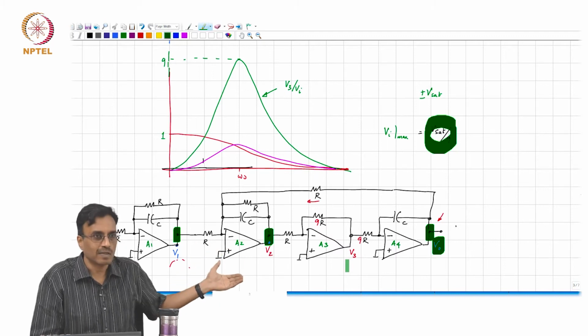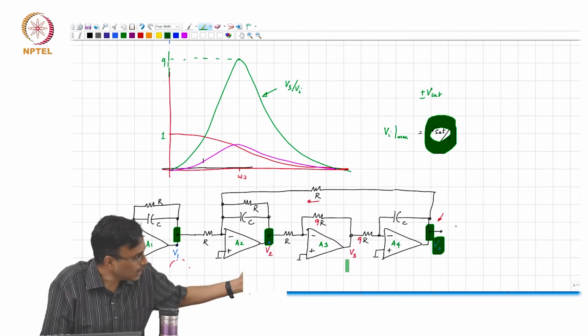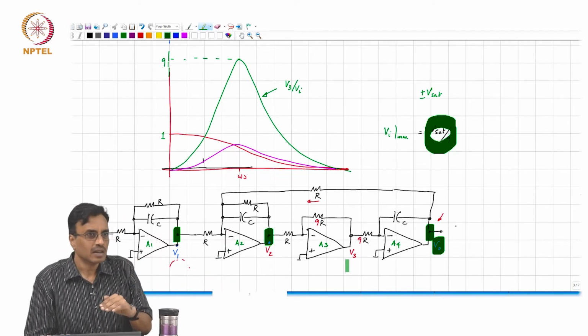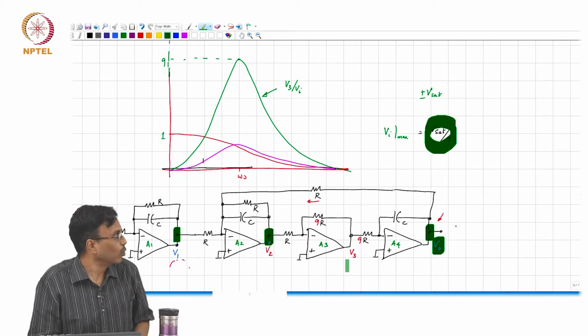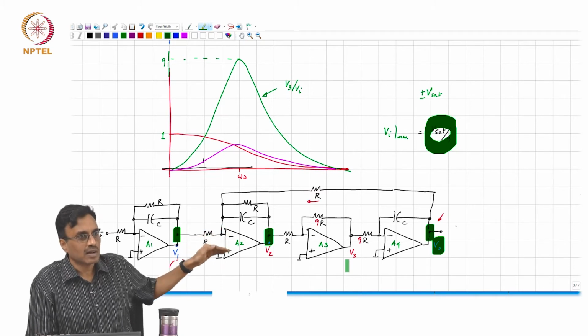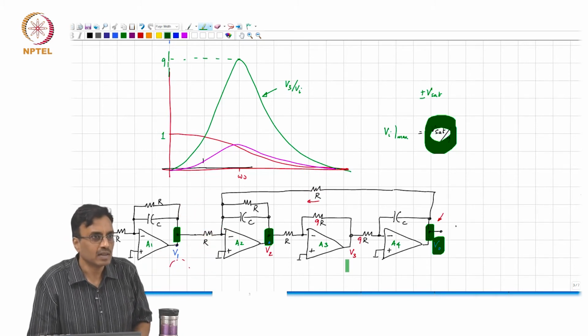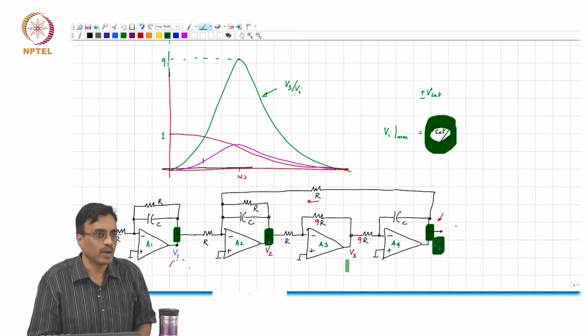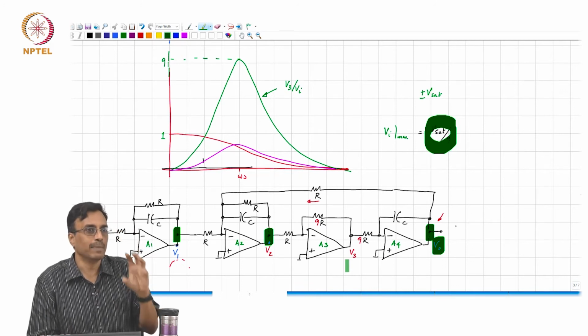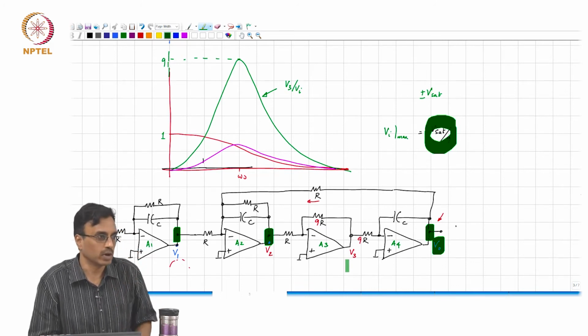It's a bad choice because while A1, A2 and A4 have maximum gains which are 1 or smaller, you have something which has a maximum gain which is several times larger than 1, and therefore you basically are in a situation where A3 prematurely limits the maximum amount of input signal you can put in before the system becomes non-linear, right.